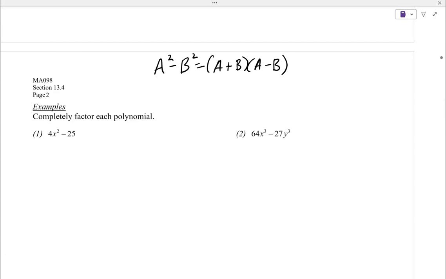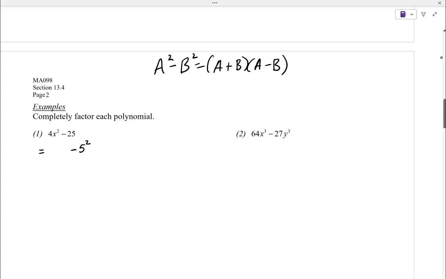So the first thing I'm going to do is look at the individual terms and see if I can write them as a perfect square, as something squared, okay? Let's do the 25 first because I think it's a little bit easier. What number squared gives you 25? 5, right? So I can rewrite this as minus 5 squared.